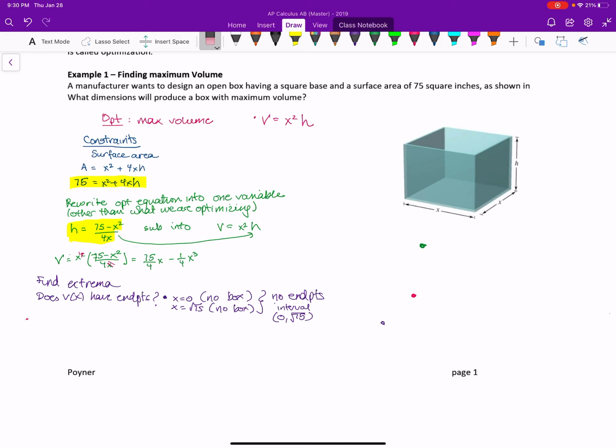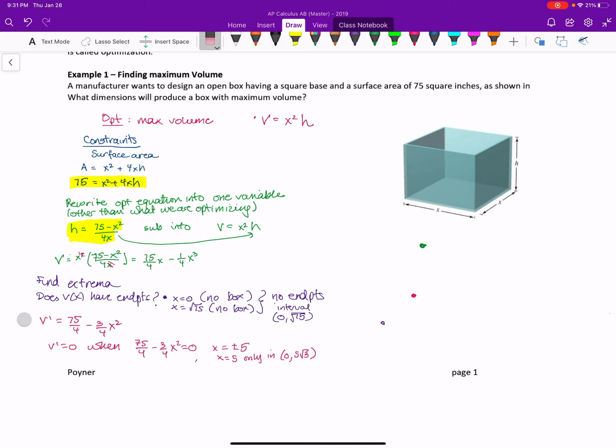So that means it has an interval from 0 to the square root of 75, or if you want to be fancy, you could do 5 root 3. But in this particular case, it doesn't actually have endpoints there. So we always keep that in the back of our minds. Like, what would the extremas be? Does it have endpoints? In this case, no, we don't get a box either way at the endpoints there.